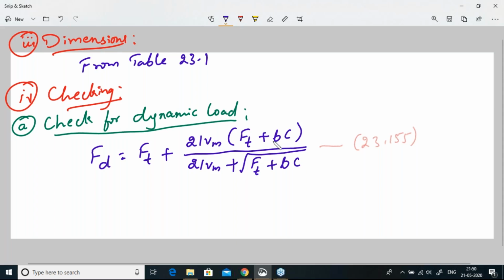B is the face width. We assumed it earlier, and after finalizing the module, we have to calculate face width. And C is the coefficient. This coefficient depends upon the error e. That error e we can find out by two methods. First one, based upon class of gear.